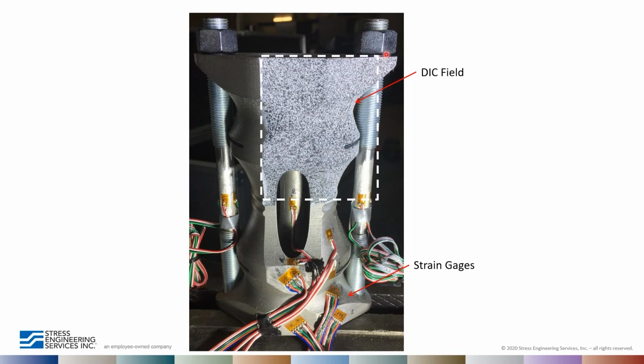The application of this DIC speckle pattern paint took probably about 10 or 15 minutes, whereas installing all of these strain gauges took over a day. Definitely 12 to 14 hours of trying to get these gauges installed properly.